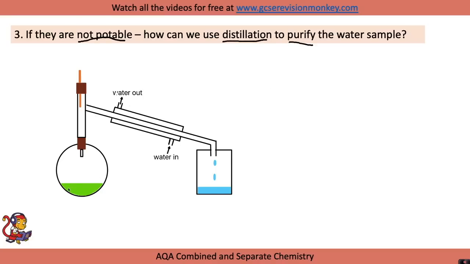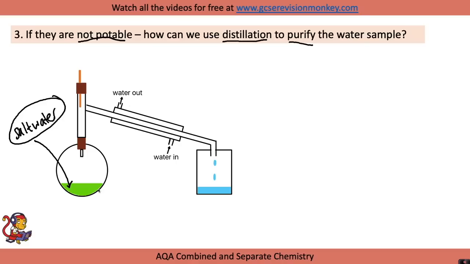I've just used a different colour here just so we can make it obvious, but let's suggest that in here we put our salt water because this is what many countries, such as Saudi Arabia, would do because they don't have much rainwater. And this will allow them to access drinking water from their normally non-potable salt water.